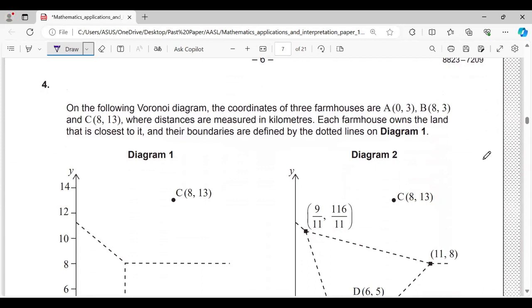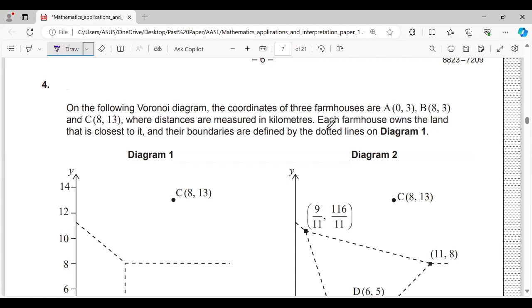Number 4, the following Voronoi diagram. The coordinates of 3 farmhouses are (0, 3), (8, 13) and (8, 3), where distances are measured in kilometers.